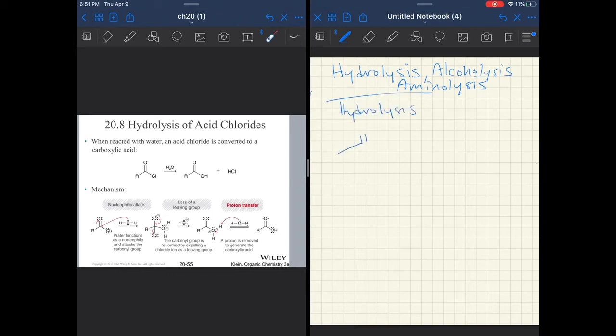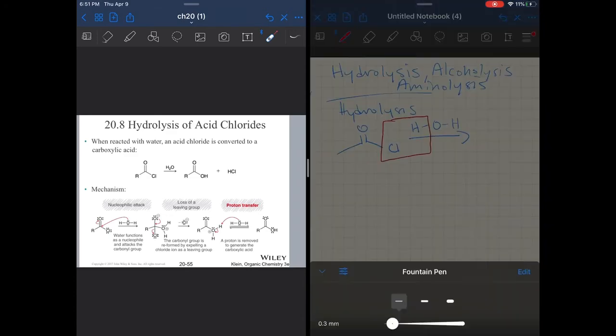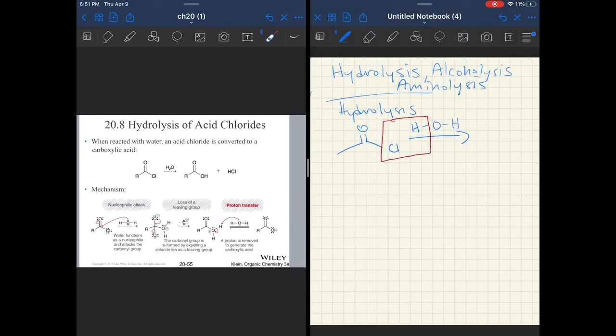We are taking an acid chloride and we are reacting it with water. Something that you are going to note, hopefully, again and again, is that you are removing the Z group and the hydrogen of the nucleophile. And then everything outside the box kind of smushes together. So we wind up with a carboxylic acid.